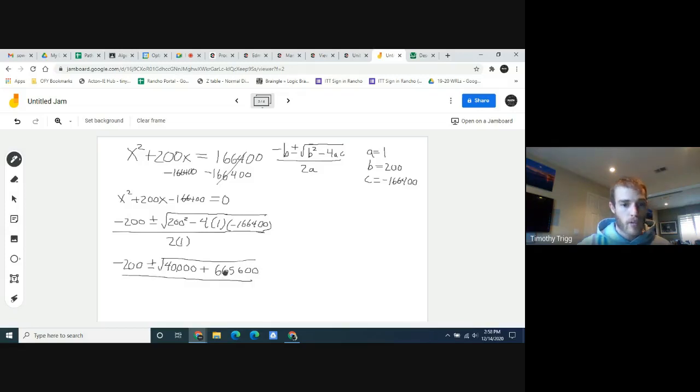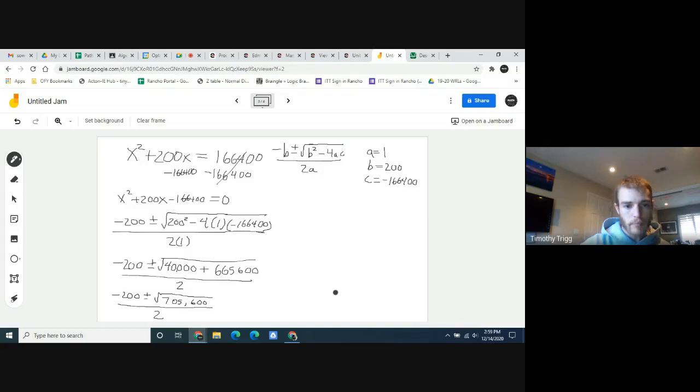All divided by 2 times 1, that's 2. So that's going to be negative 200 plus or minus the square root, and we add these together. So that's going to be 705,600, all divided by 2.